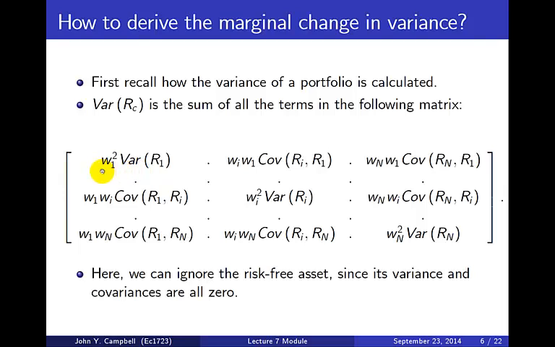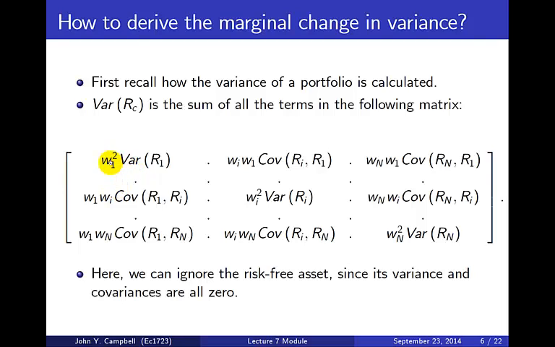There's the squared portfolio weight in asset 1 times the variance of asset 1. And then there's a term that looks like this. For an arbitrary asset I, we've got Wi times W1 times the covariance of I and 1. And we go all the way across to the right, and finally we have the last asset, Wn W1 times the covariance of Rn and R1. All right, and then we work our way down through the matrix.